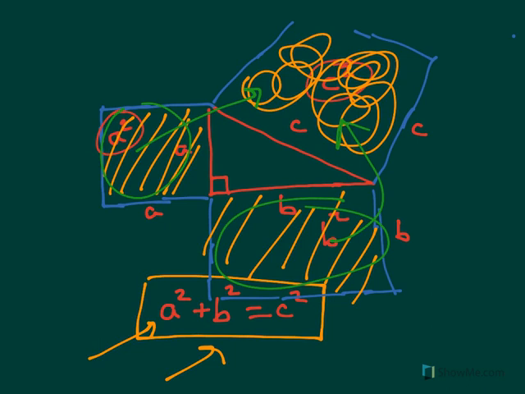And the way we usually represent that as a formula is A squared plus B squared will always equal C squared. And C is going to be the hypotenuse.